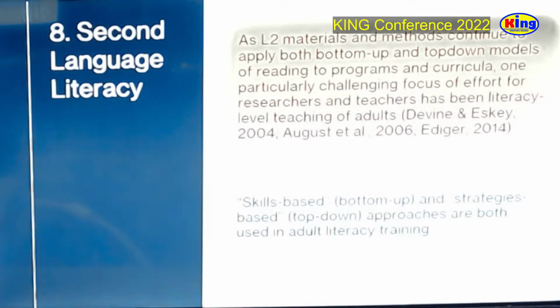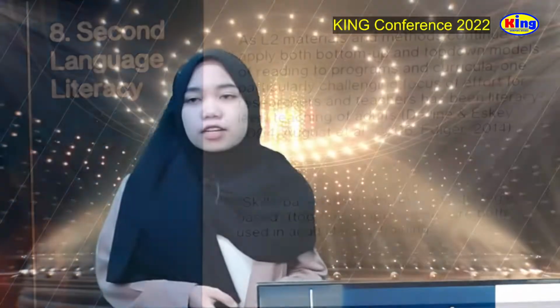Skill-based, bottom-up, and strategy-based, or top-down, approaches are both used in adult literacy training. So in adult literacy training, adults should also read, that is a must. And the skill-based or bottom-up and top-down approaches are still used, whether for adults or for children. It is the same way.